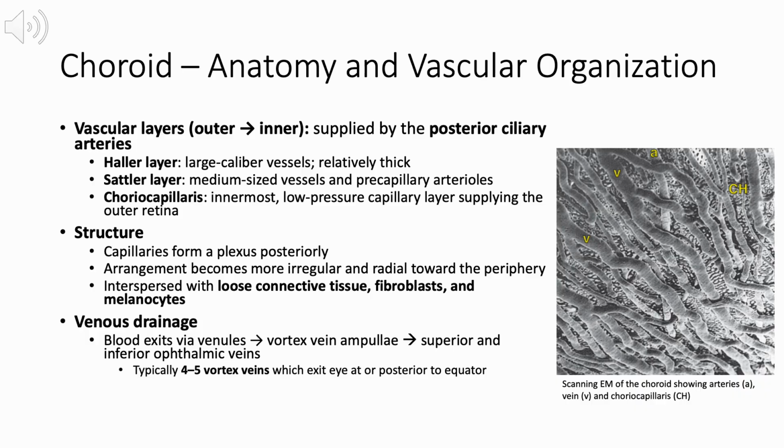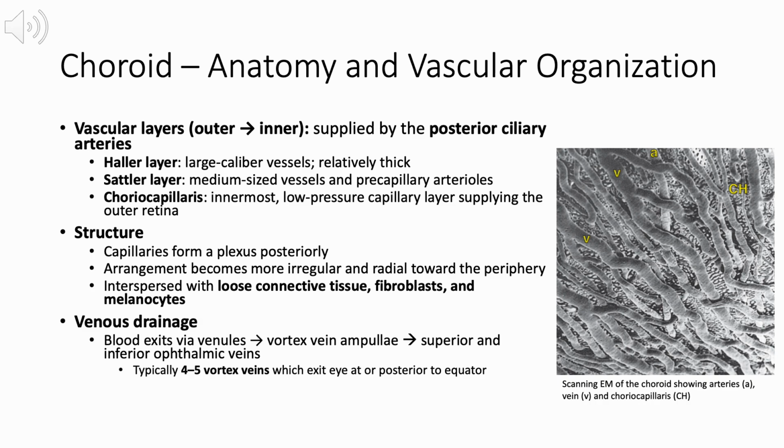The choroidal vascularity is supplied by the posterior ciliary arteries and is organized into distinct vascular layers arranged from outer to inner. The Haller layer contains large caliber vessels and is relatively thick. Beneath this lies the Sattler layer, which consists of medium-sized vessels and precapillary arterioles.